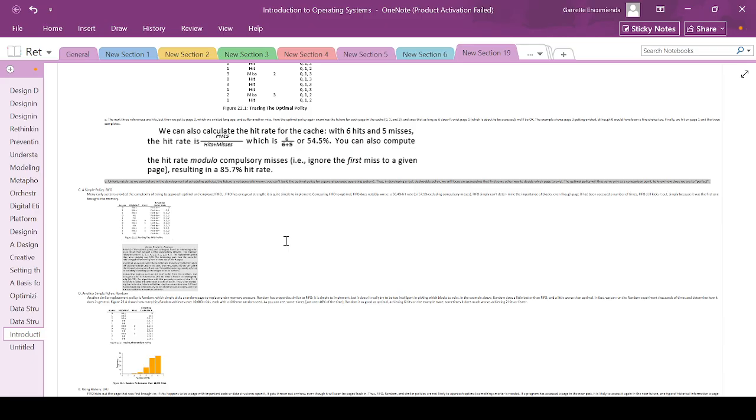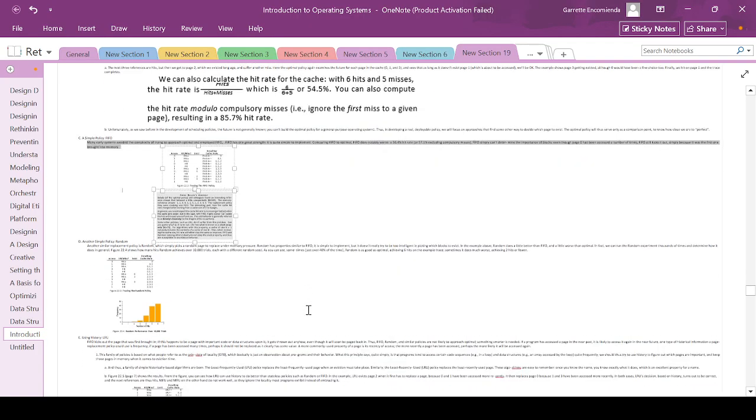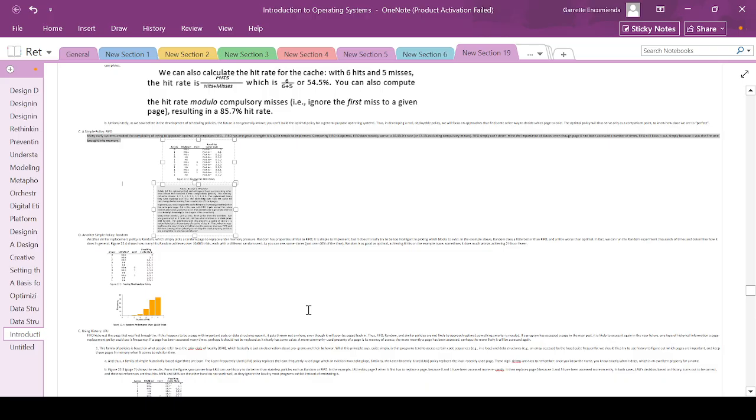The optimal policy will thus only serve as a comparison point to know how close we are to perfect. Because the future is inherently uncertain, we need to make intelligent guesses, kind of like the scheduling policy we had before. We have to learn from the history.